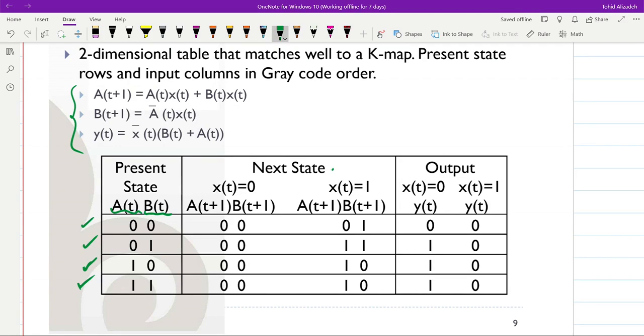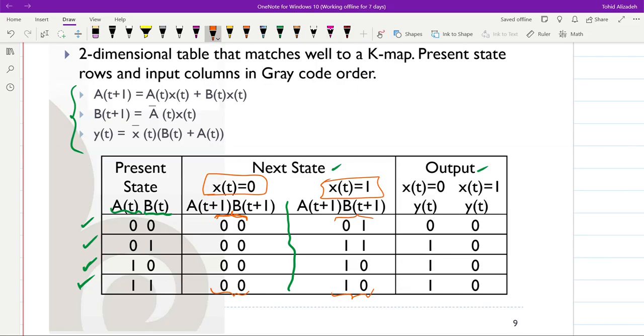Then for the next state and for the output, since we have a single input, we will have two separate sections for each: when x is equal to 0 and when x is equal to 1. When x is equal to 0, we have 2 columns here for A at t+1 and B at t+1. When x is equal to 1, similarly, we have it here.